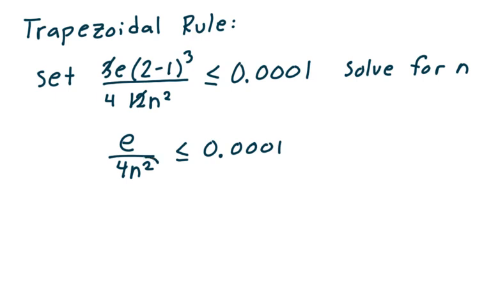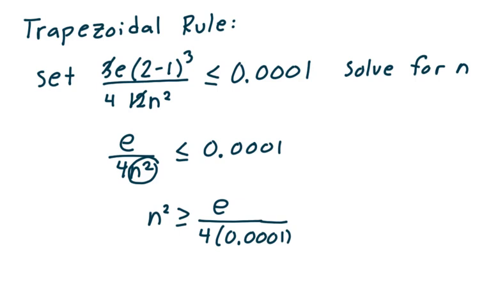Now, I claim n squared and 0.0001 can switch places. And so n squared is greater than or equal to e over 4 times 0.0001. And so n is greater than or equal to the square root of this. So it's e over 0.0004.